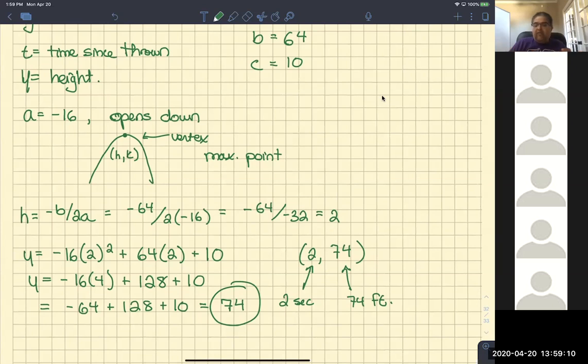Like profit equations that say, if I make x amount of product, this is going to be the cost. So we want to minimize cost, okay? And we want to know what's the amount of product that we can produce to minimize cost. Okay. So let's do a problem like that.